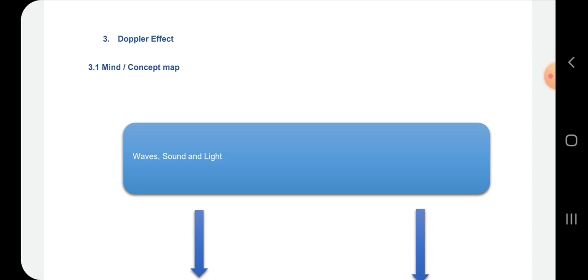Then you have to state applications of the Doppler effect. You need to know ultrasounds, waves in machines, and so forth. And you have to know how to solve problems using the formula. I will show you. And then you need to know waves, sound, and light in Doppler effect, which is grade 10 work. So it's very, very important that that's what you know.